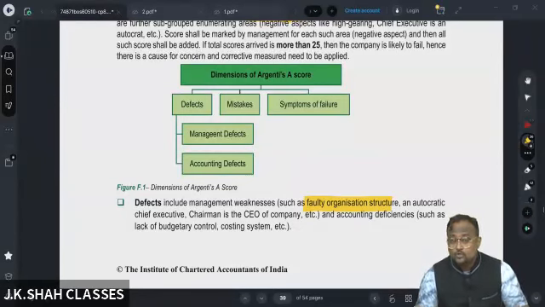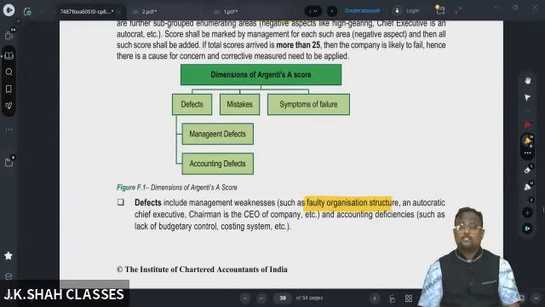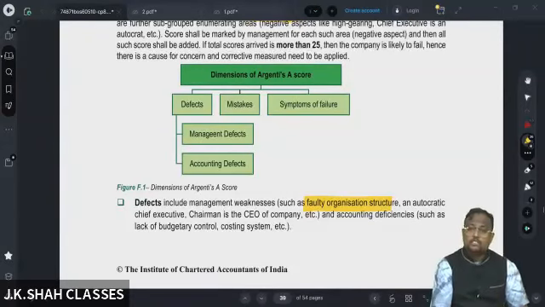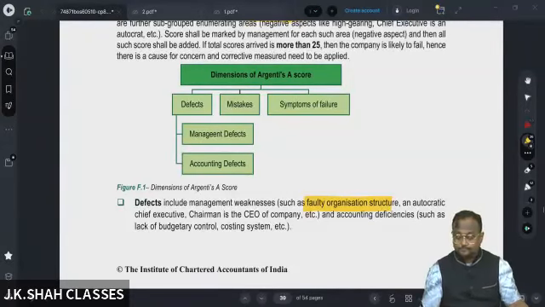You are bound to lose your information source. Since you're not listening to anyone, why would people come and tell you? And due to this, you may end up taking a wrong decision about accepting a proposal.